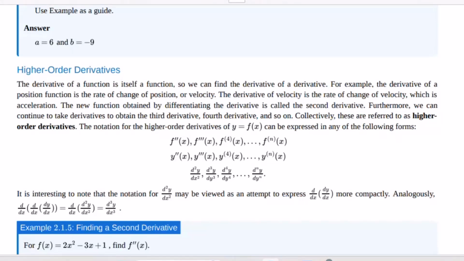Then after solving that f of x plus h, I got 2x squared plus 4xh plus 2h squared minus 3x minus 3h plus 1. Then I substituted into the formula, which is f prime of x equals the limit as h approaches 0 of f of x plus h minus f of x all over h.